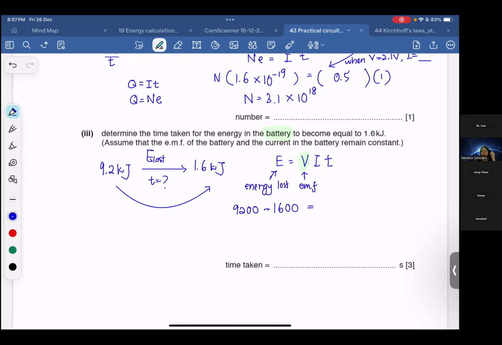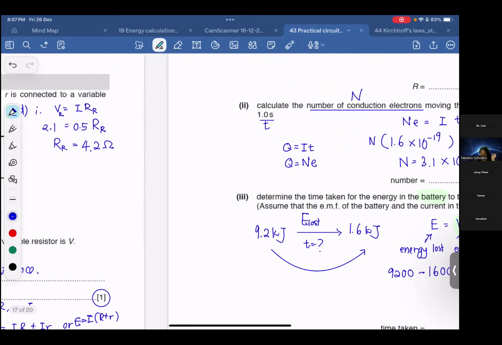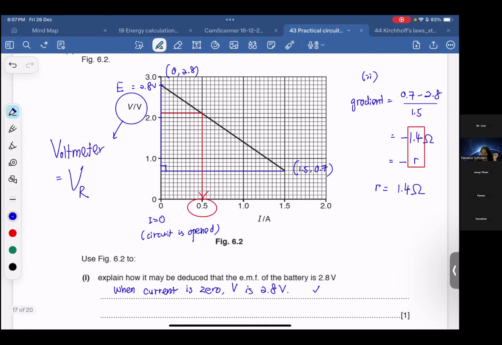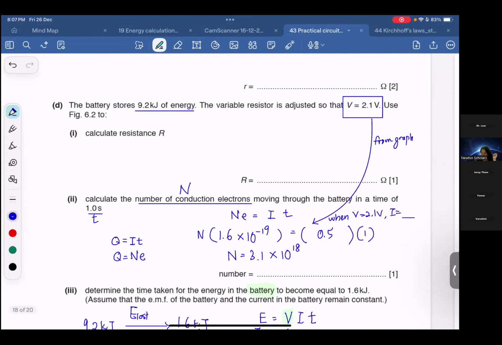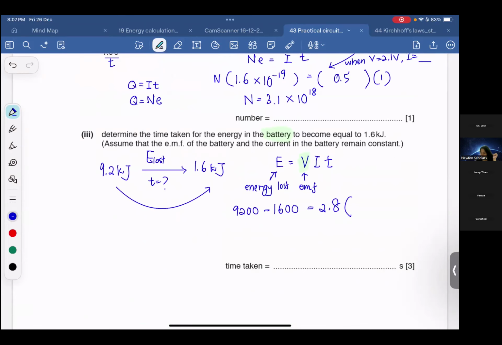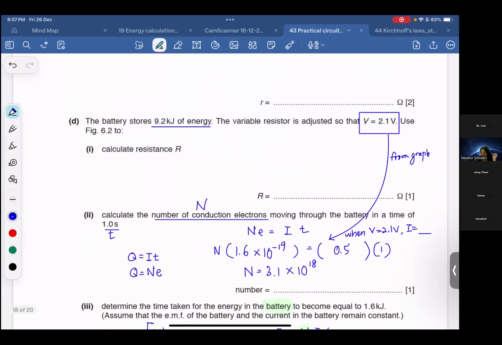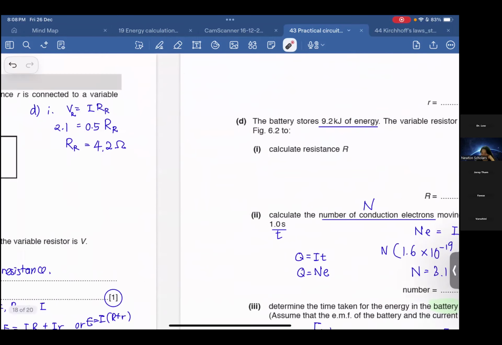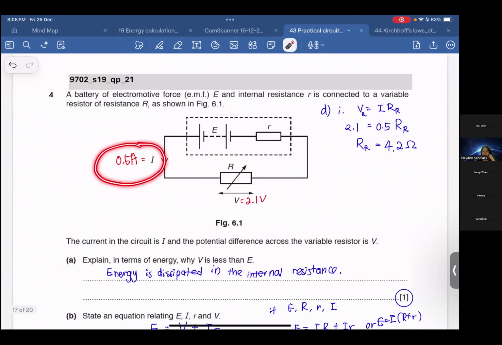Here, your V is your EMF. Your EMF in this diagram is 2.8, right? So this one should be 2.8. Now the current in the circuit. Boys and girls, just now when the voltage was 2.1, the current in the circuit was 0.5. So what is the current flowing out from the battery?